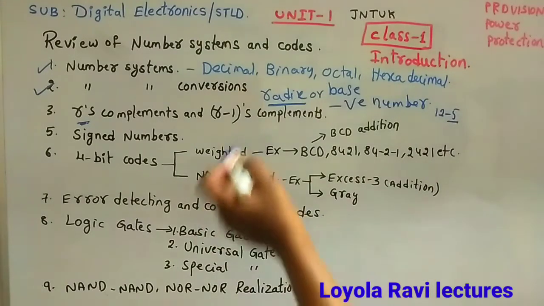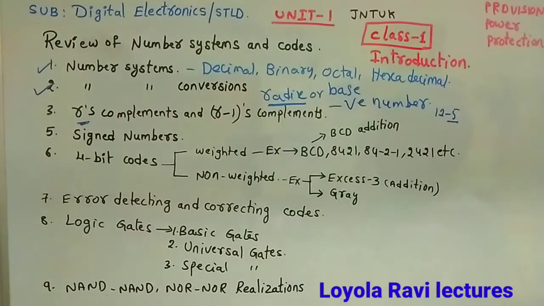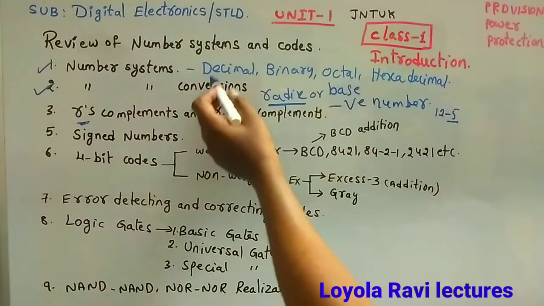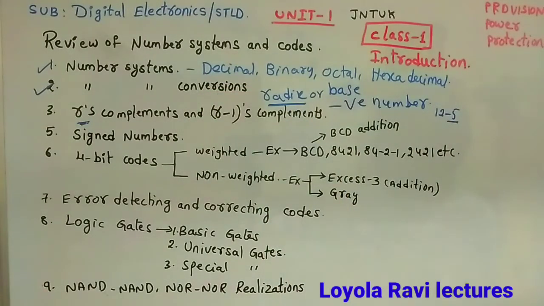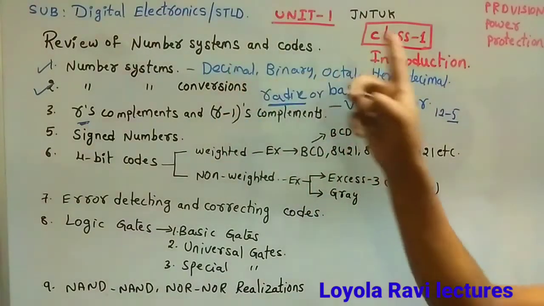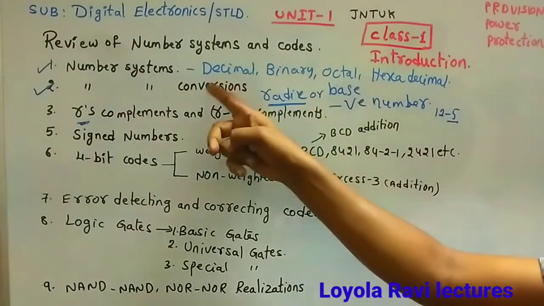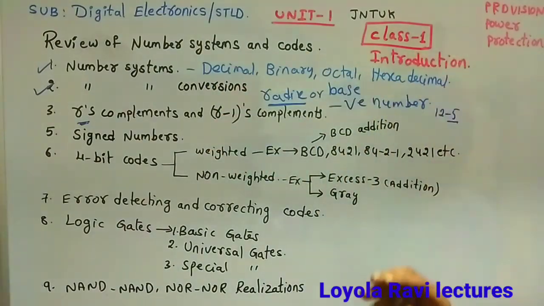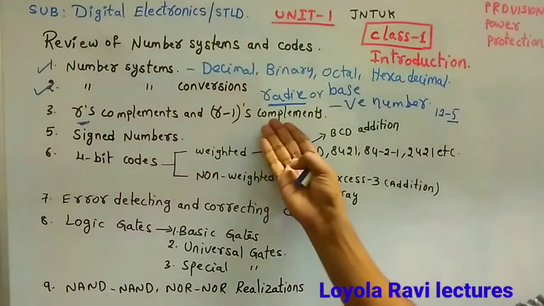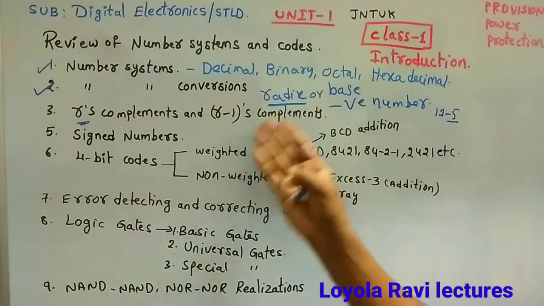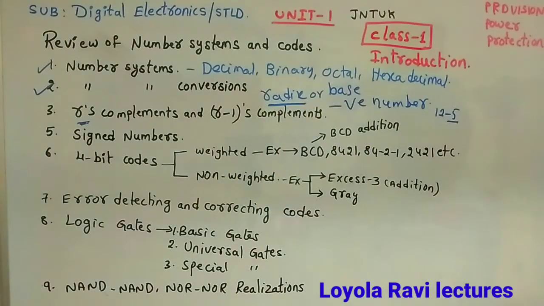Not only here but also in number systems, we may convert from one number system to another, or from one radix to any radix. Both we will discuss later. This is the complements method, and it may be binary complement or decimal complement or anything.